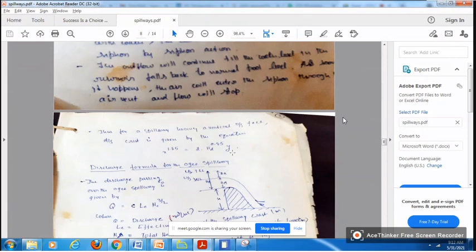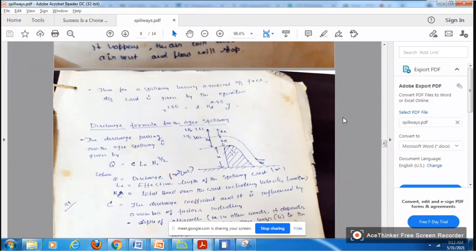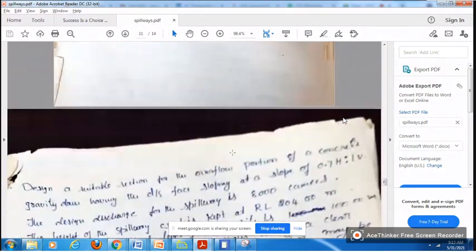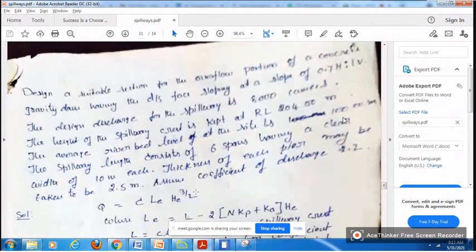That is what you have to do in that question, right? To calculate the Hd, the discharge is given, and the coefficient is given, and the clear length is given, but you have to calculate the effective length.